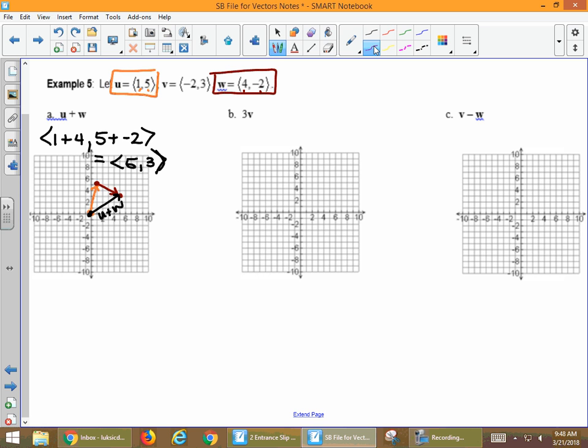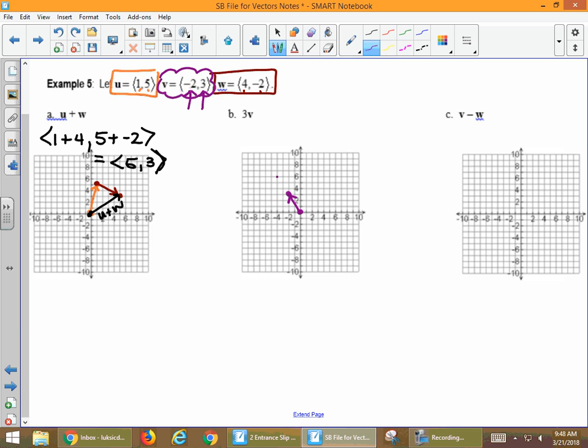3v. So v is this guy here in the middle. 3 of it really is exactly what it sounds like. If you want to draw the original, we're going to start at the origin. We're going to go left 2 up 3. And then 3 of it really is just 3 on top of each other, or the length of it times 3. So you would just do that 2 more times.